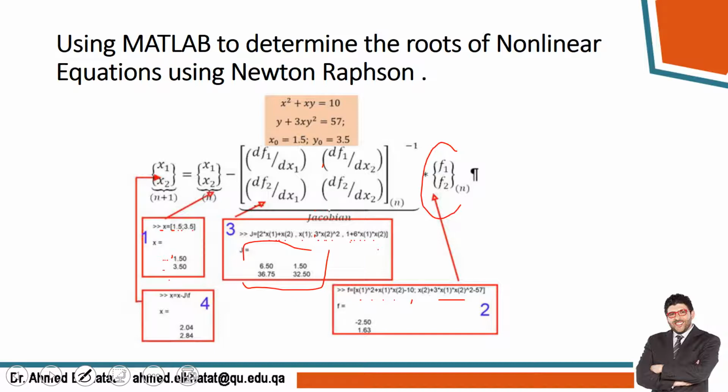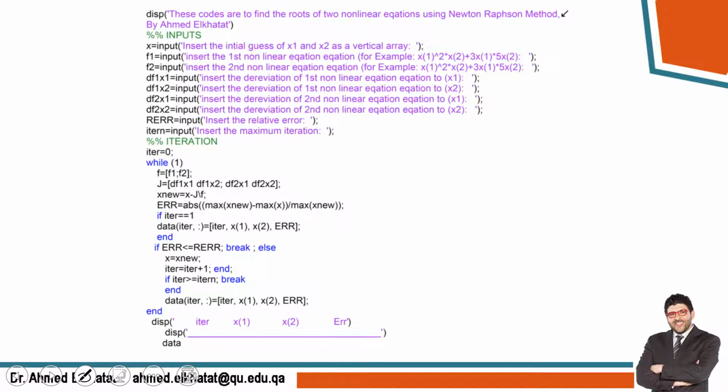Here we didn't create the inverse Jacobian, we used the normal matrix, because we can use left division, so f is divided by the Jacobian and we find the solution by this.